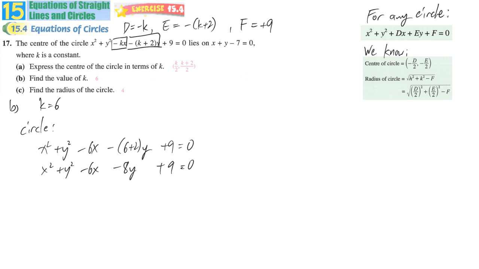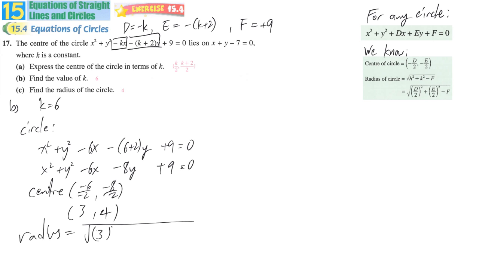So just like what we did before, center is equal to negative 6 divided by negative 2, negative 8 divided by negative 2, which is 3 and 4. Therefore, the radius is equal to the square root of 3 squared plus 4 squared, and then minus the constant term of the equation, 9. So we have 4 units.